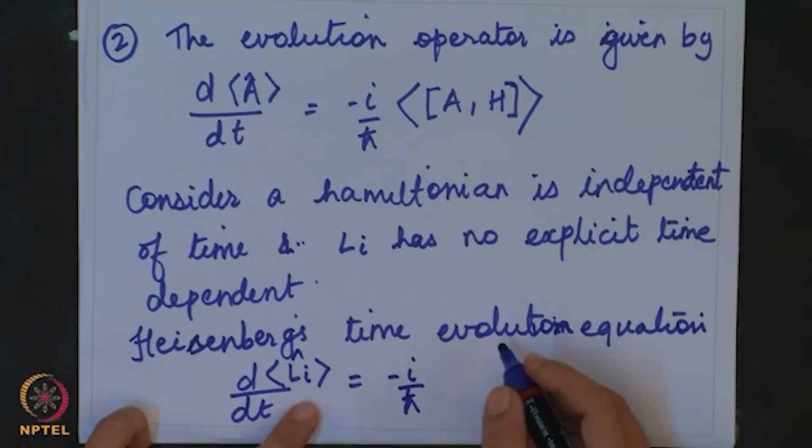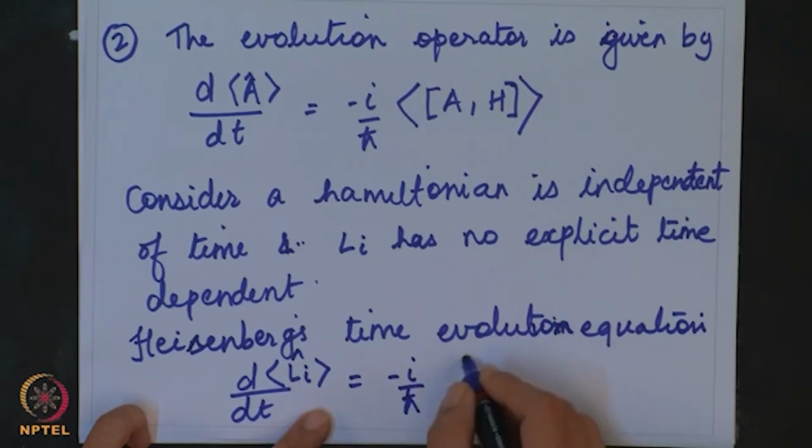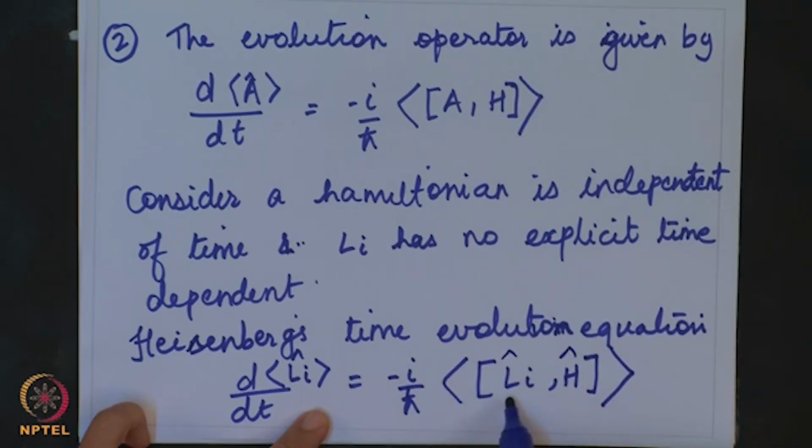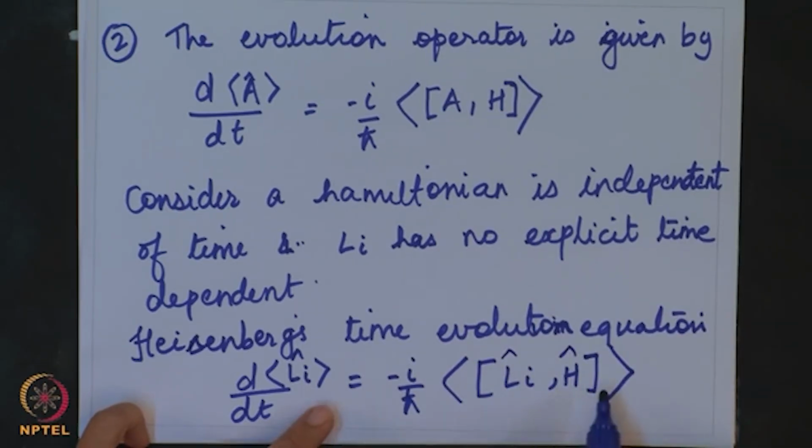I can take value 1, 2 or 3, so I can take value x, y or z. So, this term you need to evaluate. We need to evaluate the commutator of L_i with the Hamiltonian.